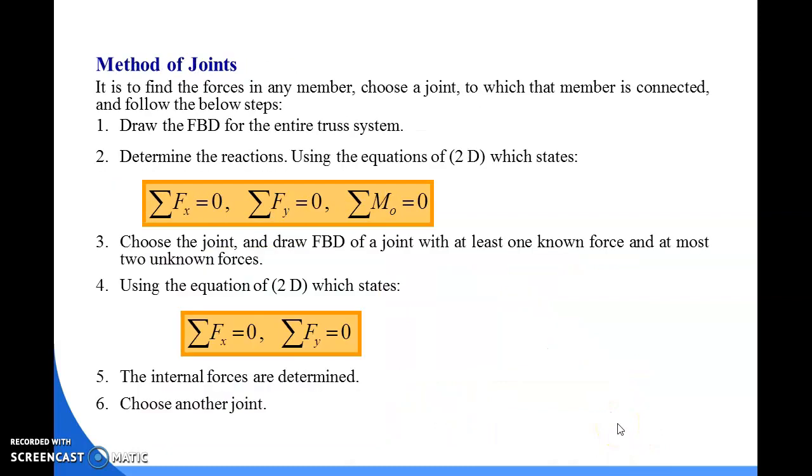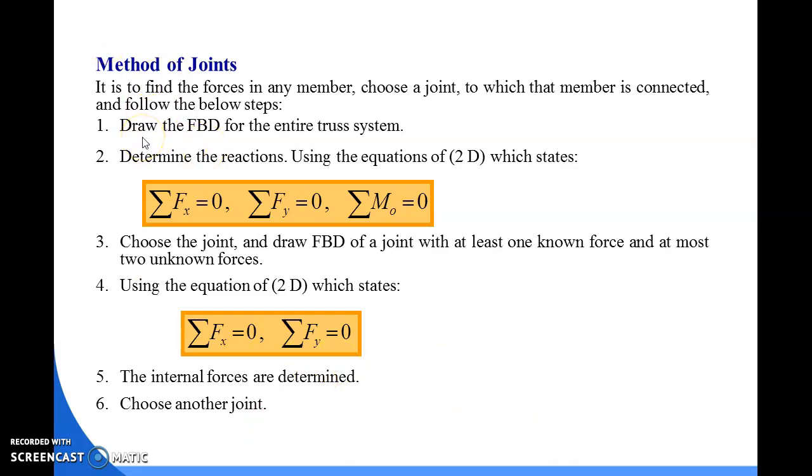Now comes internal analysis. In case of internal analysis, there are two kinds of method. The first one is the method of joint and the second one is the method of section. First of all, in case of method of joint, how will we find out the forces along each member of the truss? These are the steps.